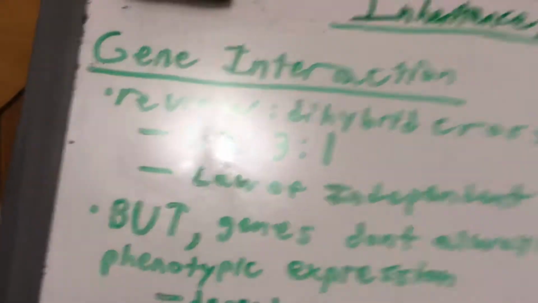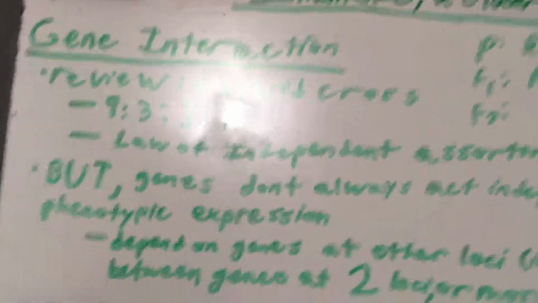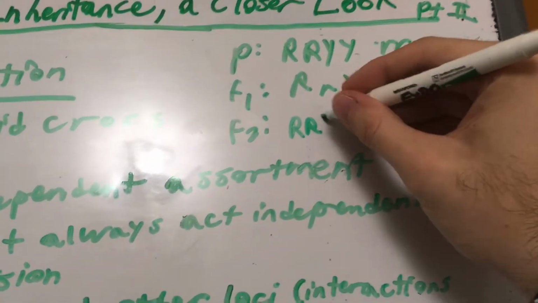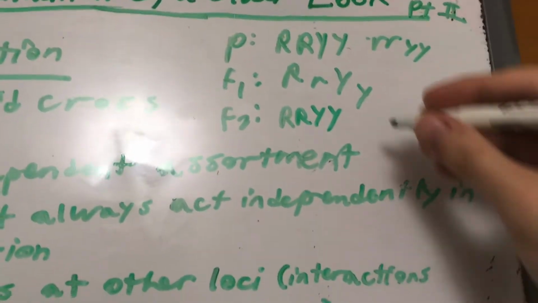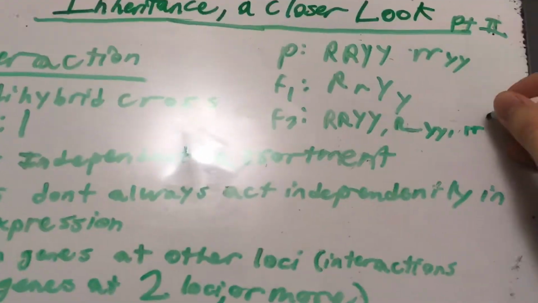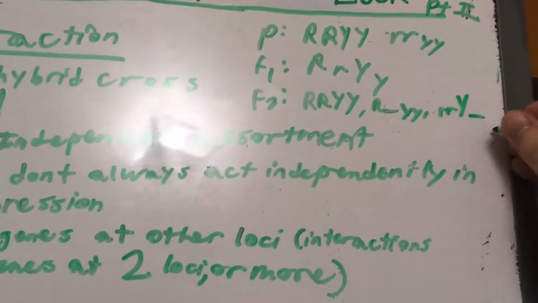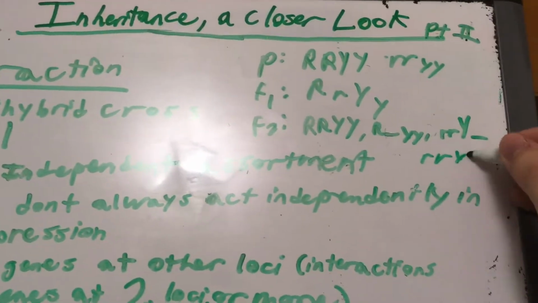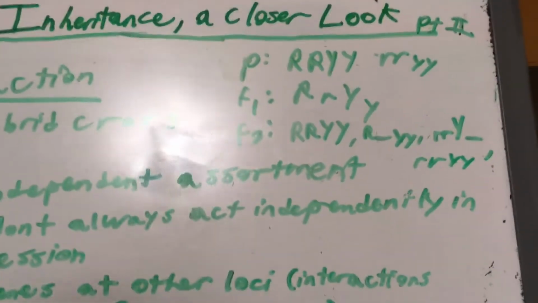ends up with a 9:3:3:1 ratio. We'll end up with this, and we'll end up with this.